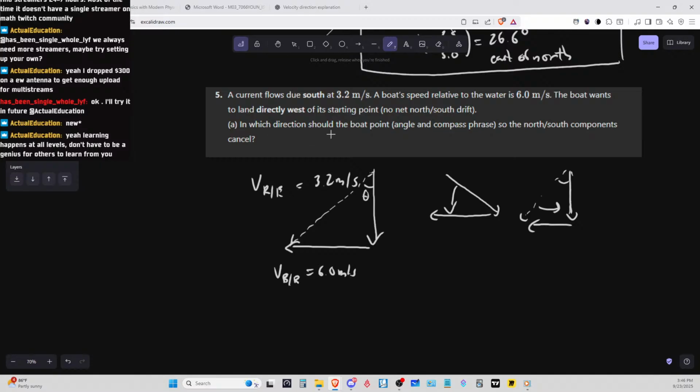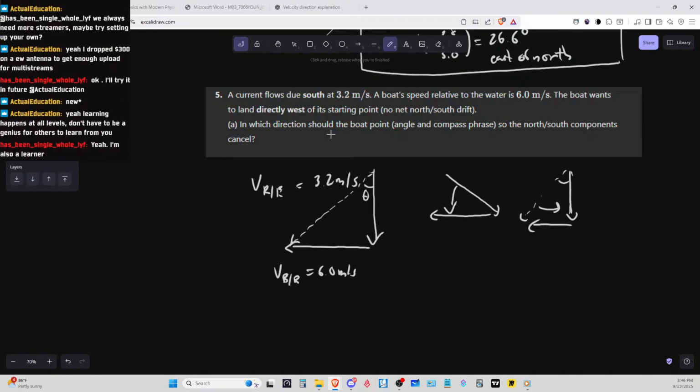Alright, so which direction should the boat go, pointing it? Yeah, I'm also a learner. Oh, so you're just learning math and physics, right? Has Been Single Whole Life. Is it okay if I call you Single? Or Whole Life? I don't know, because I feel like if I said the whole name, it would be kind of a mouthful.